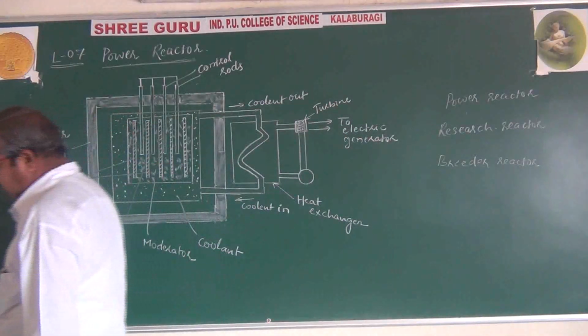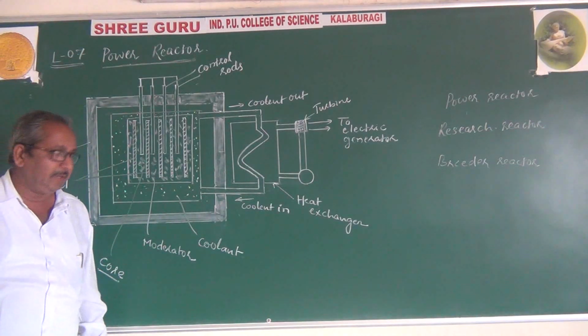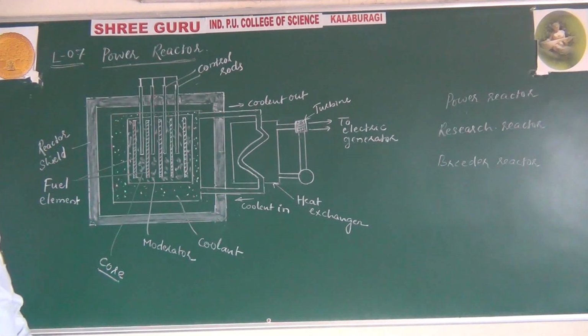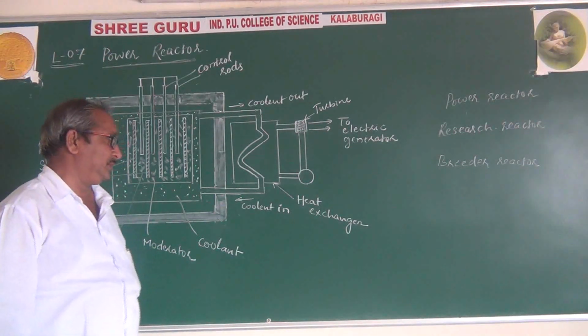In a power reactor, the reactor is used to generate electric power, that is, electrical energy. In a research reactor, the reactor is used to produce isotopes which are useful for research purposes.